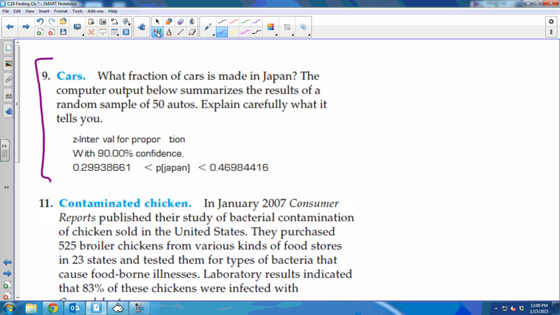So to interpret the interval, you need an interval, got that, and a level of confidence. So how can I interpret this interval? What should I say? This goes back to what we talked about yesterday. What should I say?